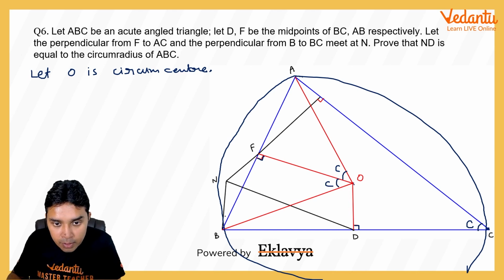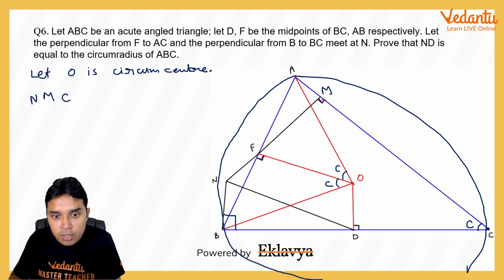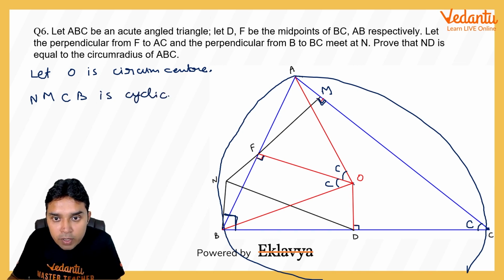One more thing. Because this angle is 90 we are given, this angle is also 90 here we are given. So in the quadrilateral NMCB, where I call this point M, you can check, this angle is 90 degrees, this angle is 90 degrees. So this is cyclic, as these two angles, let me call this X and this Y, X plus Y is 180.